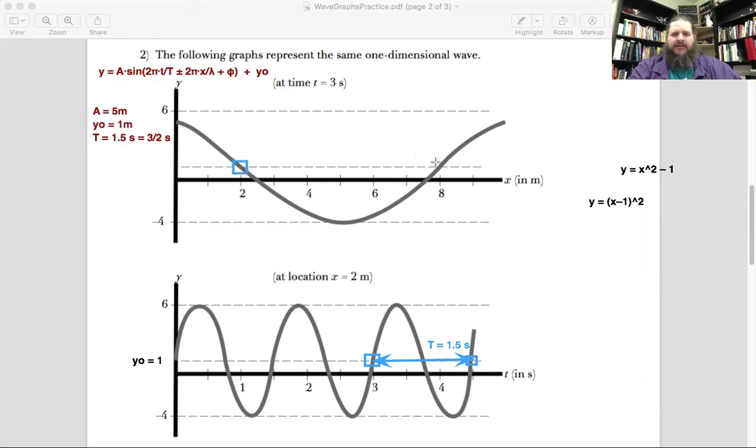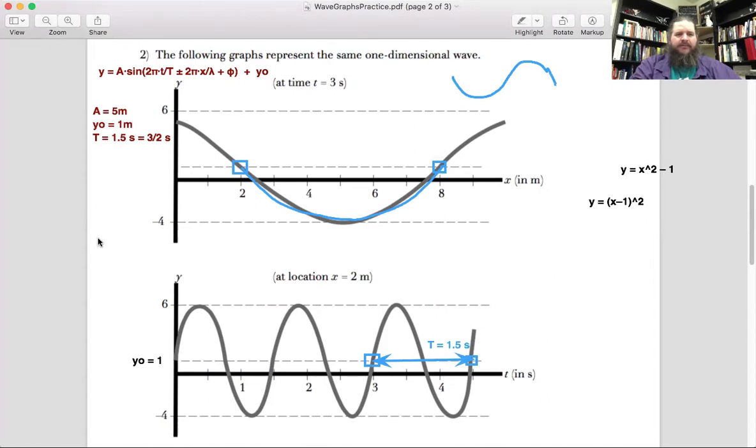How far is that? So is it half of the wavelength? Yeah, that's exactly half of a cycle. And we can kind of see that on tracing out the curve also. This portion of the curve, a full wavelength would be like this. Here we only have half of a wavelength.